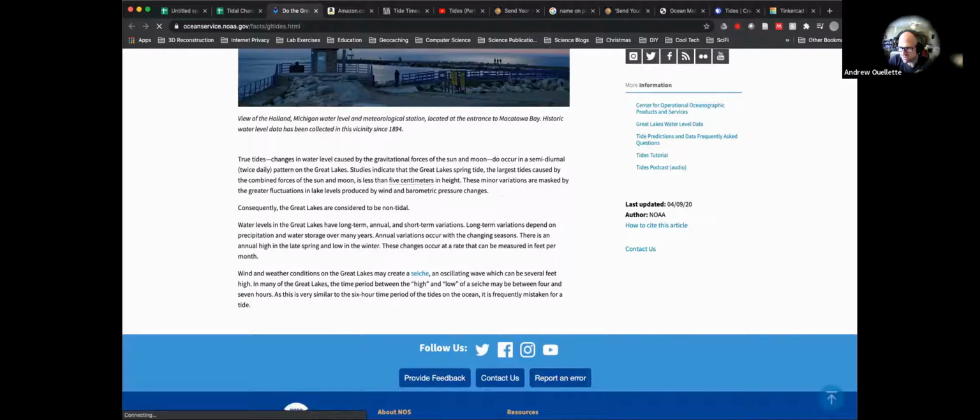Let's see here. It says, studies indicate that the Great Lakes spring tide, the largest tide caused by the combination of forces of the sun and the moon, is less than 5 centimeters in height. That right there, this area right here, less than 5 centimeters in height.